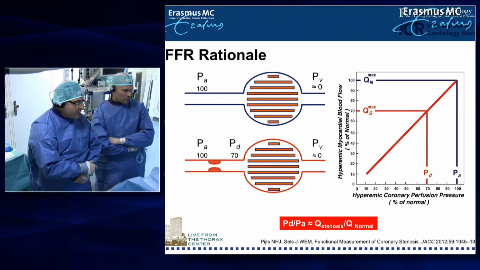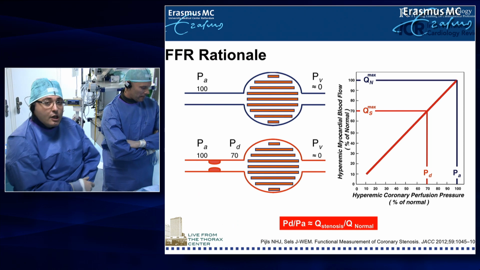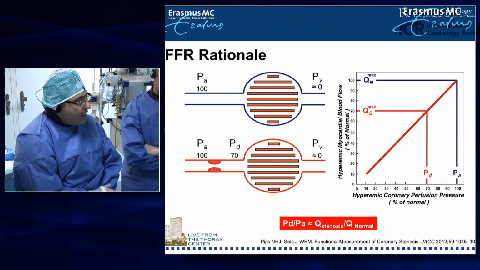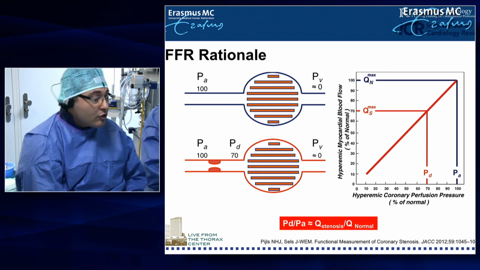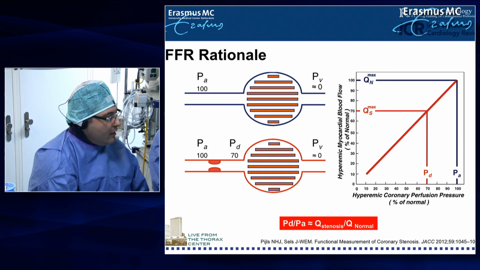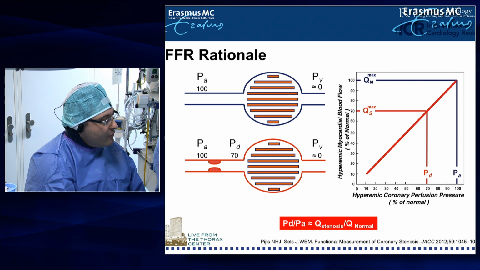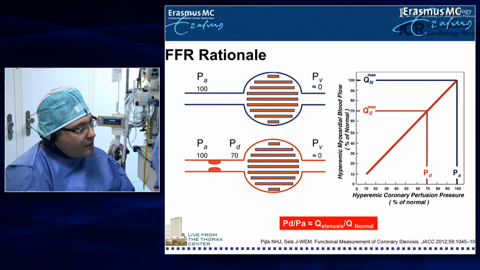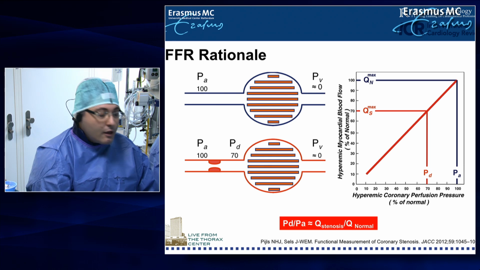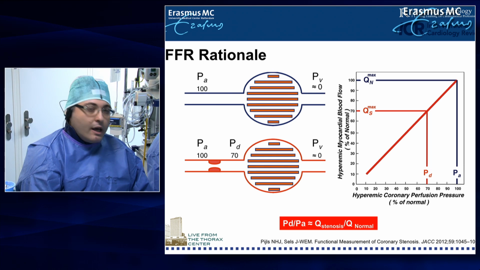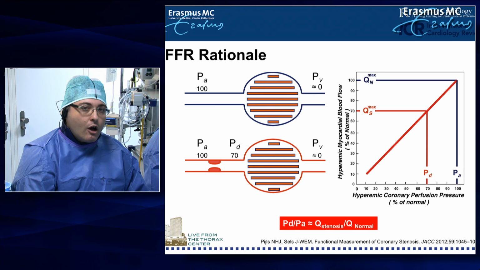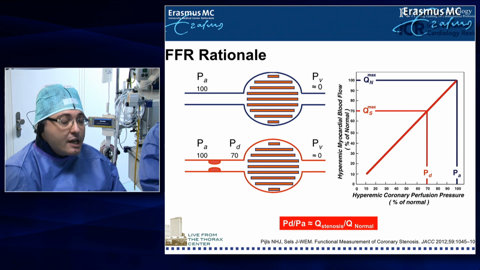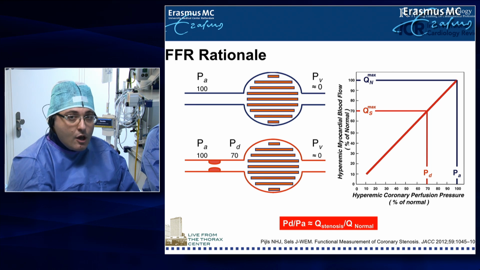Sure. Well, FFR is becoming really largely used in clinical practice, and maybe we can have a little bit of discussion on the background about this large use of FFR. We can see in this first slide that FFR is an index of physiological significance of coronary stenosis. What does it mean?